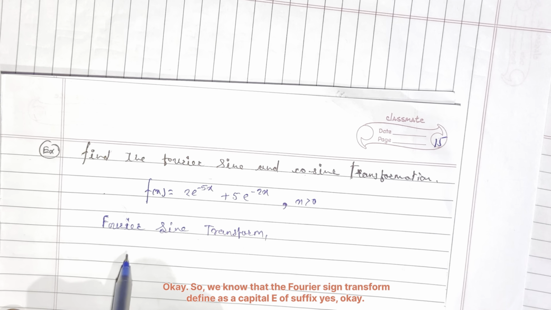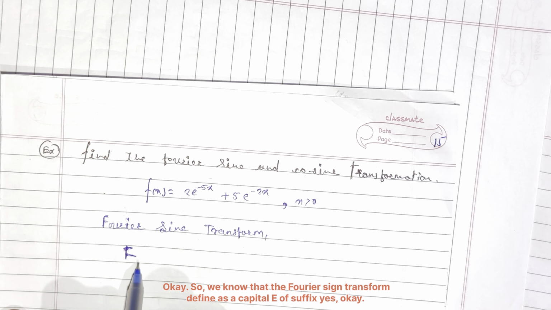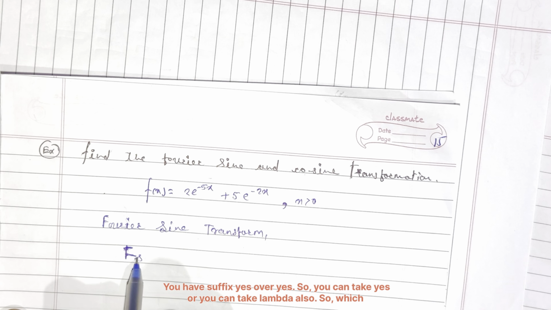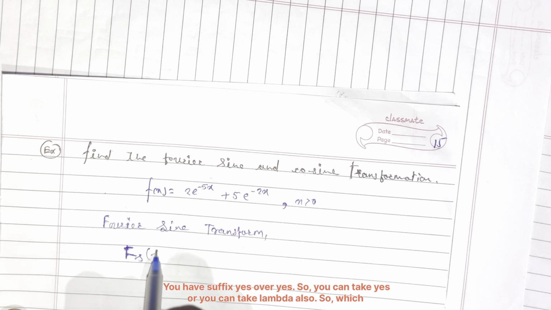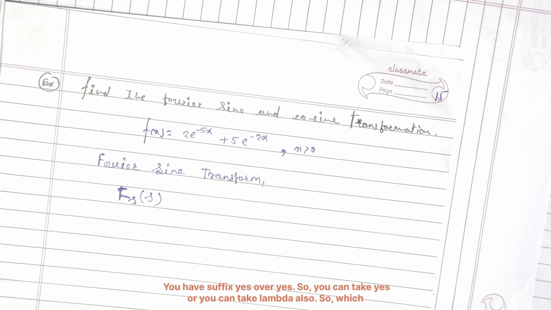We know that the Fourier sine transform is defined as capital F suffix s of s. You can take s or you can take lambda also.